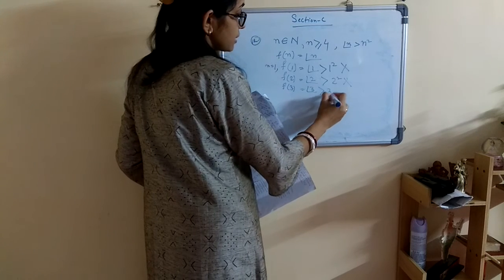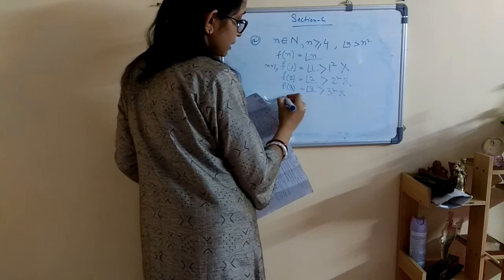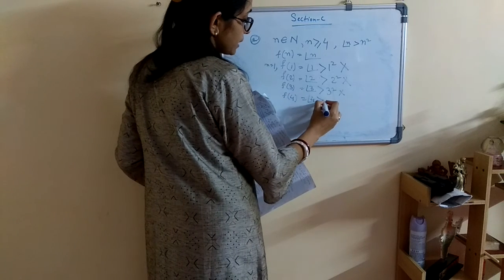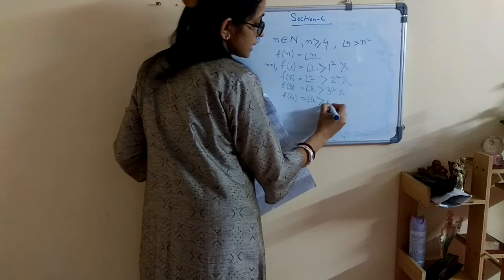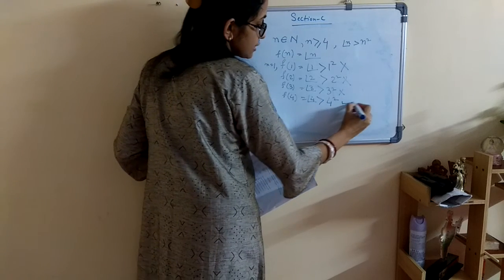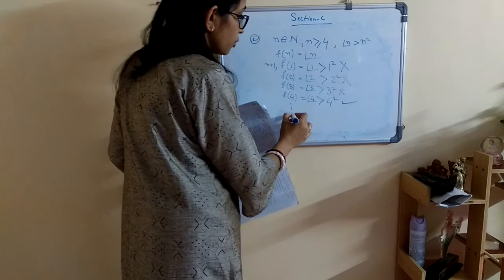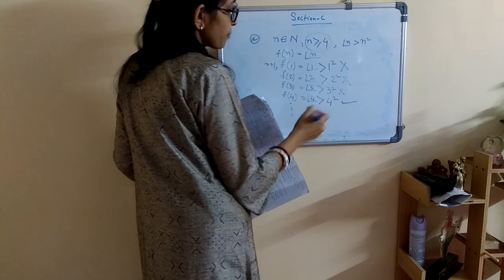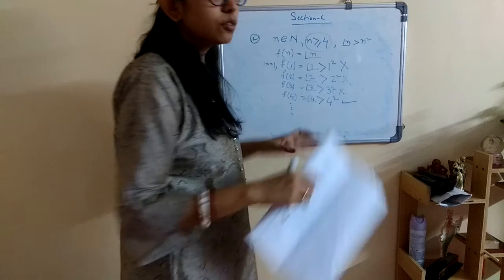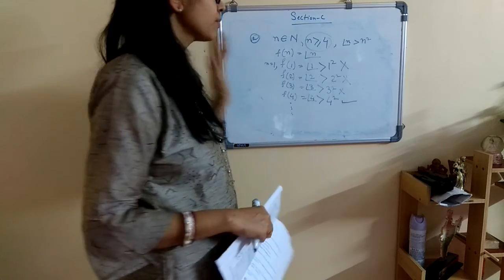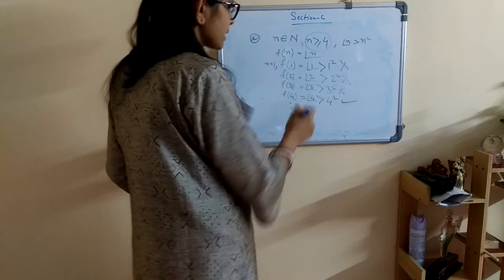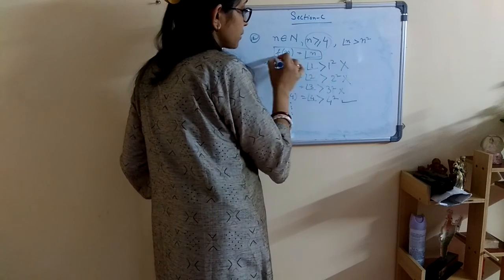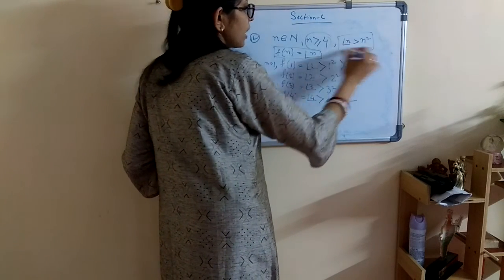Is it greater than 3 squared? It is also no. But f(4) is factorial 4, and the value of factorial 4 is greater than 4 squared, that is 16. It is true. Going further, if we go above the value of 4, that is 5, 6, 7, 8, up to infinity, we will see that it satisfies this condition: f(n) equals factorial n is greater than n square.